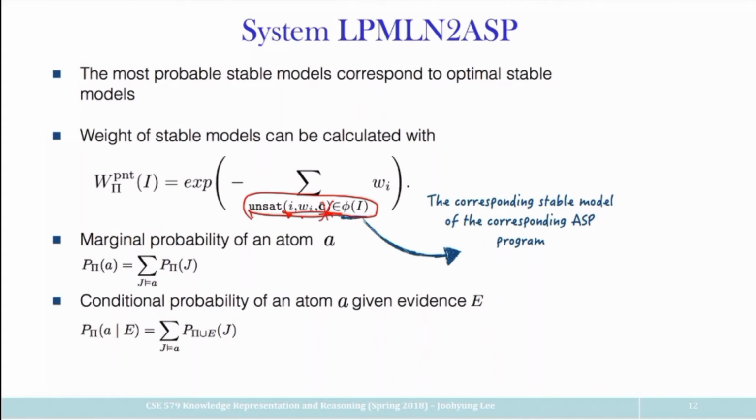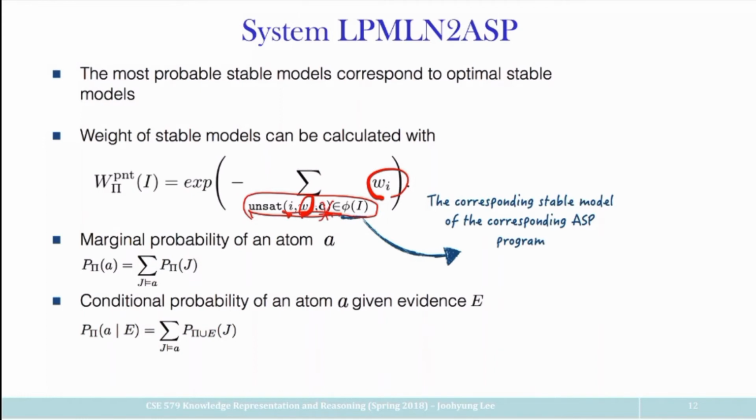What that means is basically you look at all the onset atoms, extract the weight from there, add them up, and do e to the power of minus. Note that this is not exactly the same way that you do the weight computation in LPMLN. It uses a reformulation of the semantics where you flip the value, but you don't have to worry about that detail.